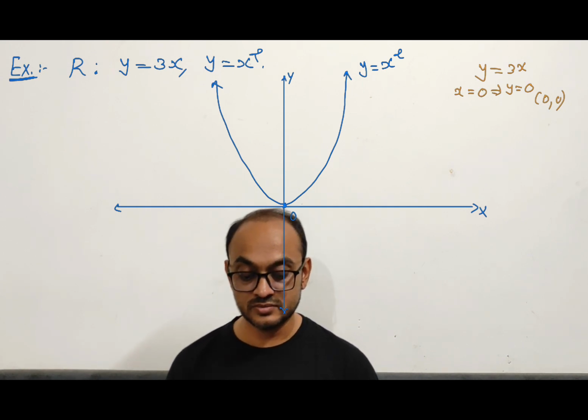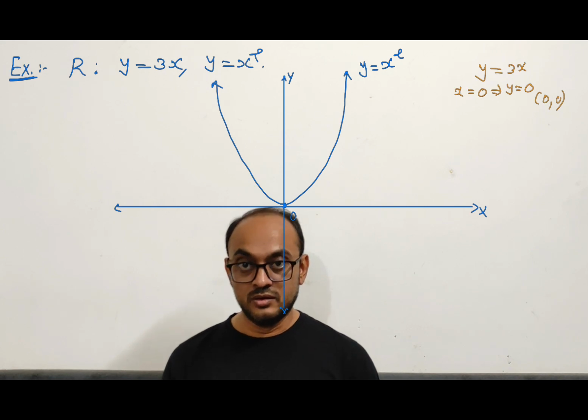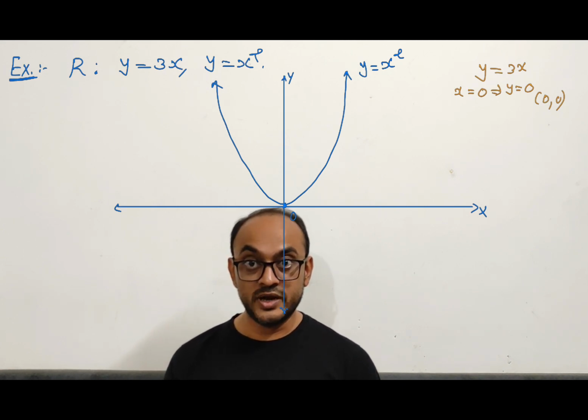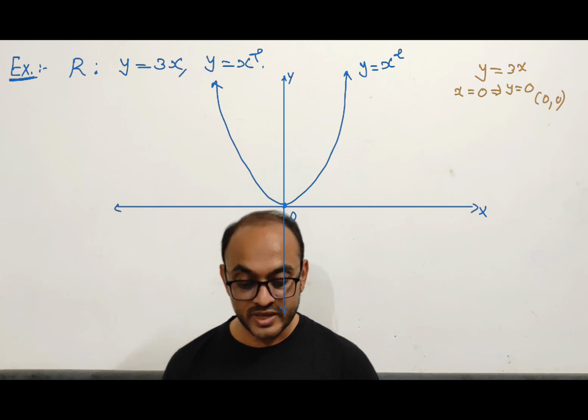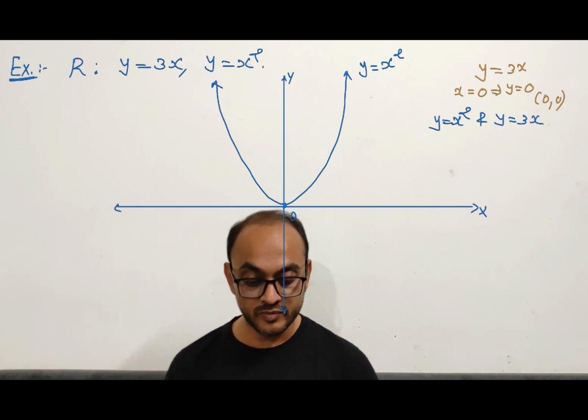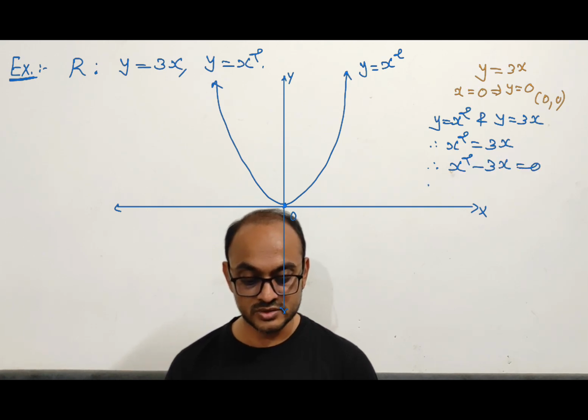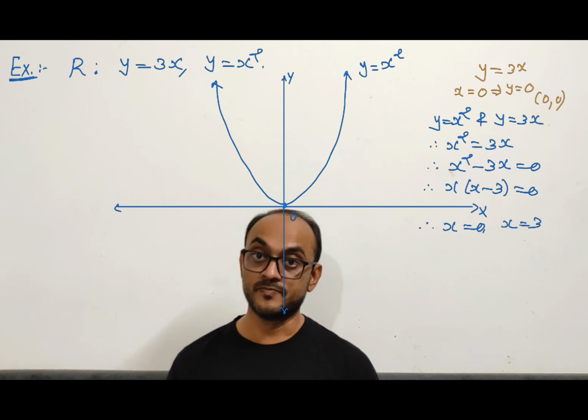Another one is the intersection point of these two curves, y is equal to x square and y is equal to 3x. So x square is equal to 3x, which gives us x square minus 3x equal to 0. And so we have x into x minus 3 equal to 0, which gives us two values of x: x is equal to 0 and x is equal to 3.